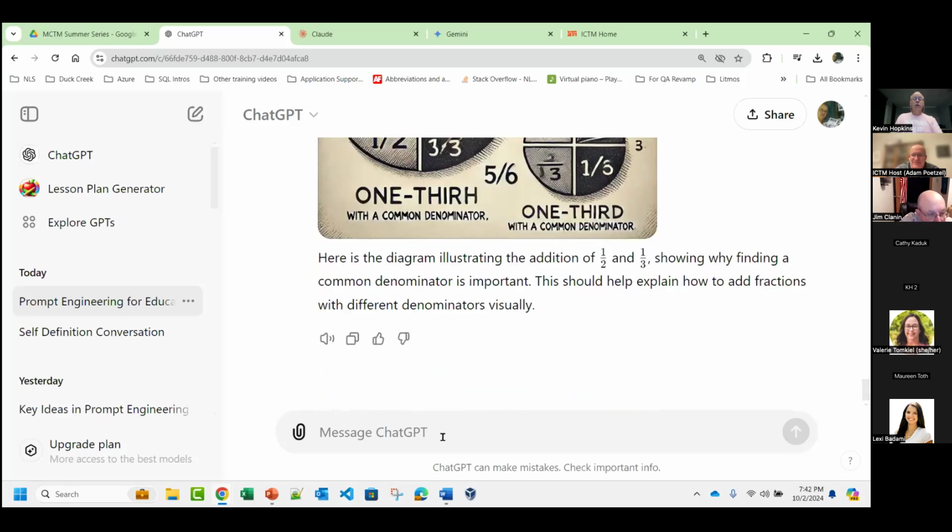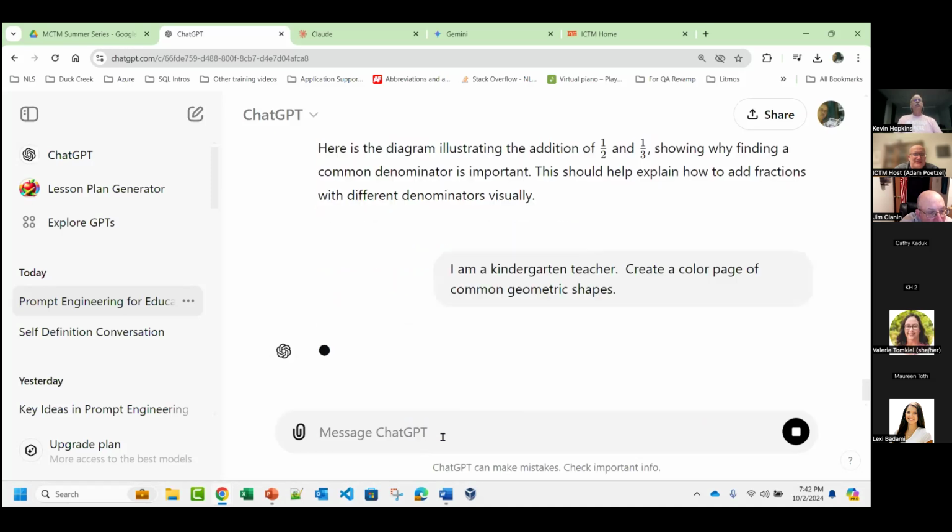But say you were a kindergarten teacher. Create a coloring page of common geometric shapes. Let's see how it does that.